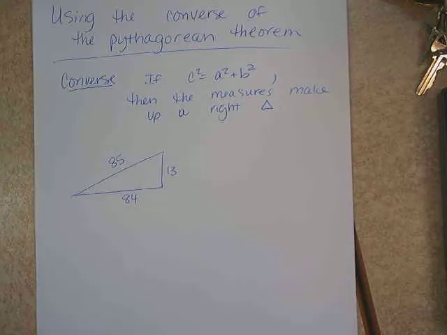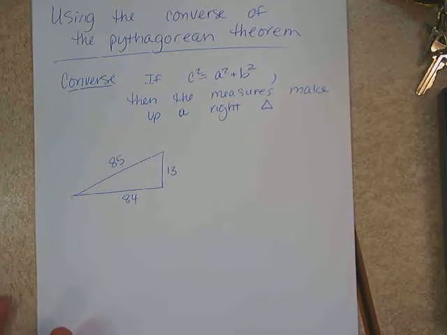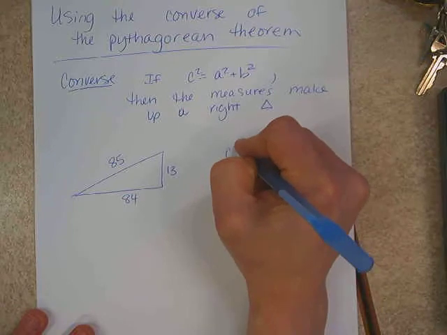So if we have something that appears to be a right triangle, but you don't have the angle measure, and you know you never assume something's a right angle without being told, you can verify by taking those three measures and plugging them in accordingly to the theorem.